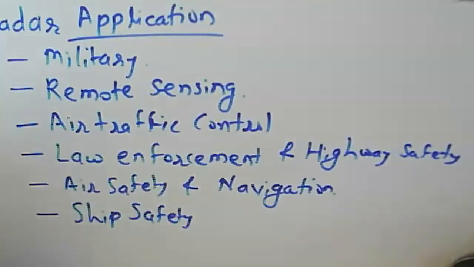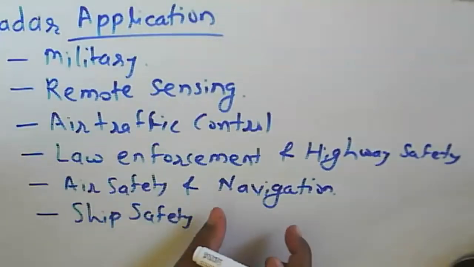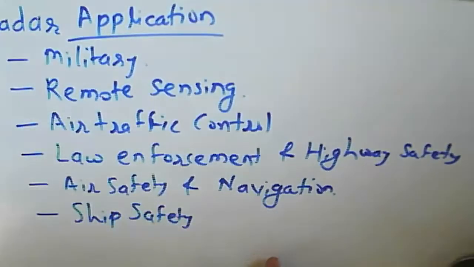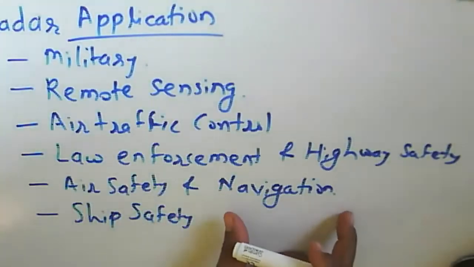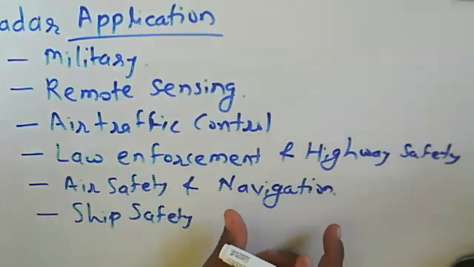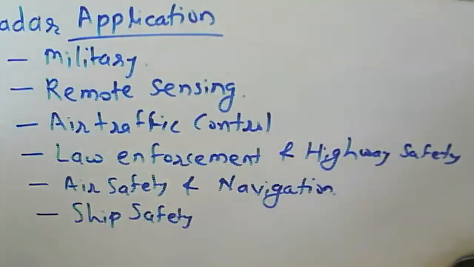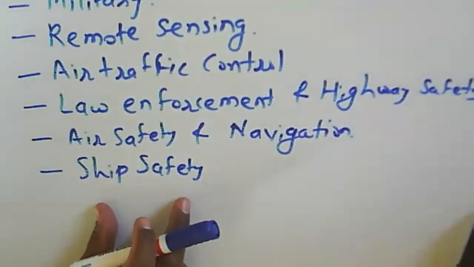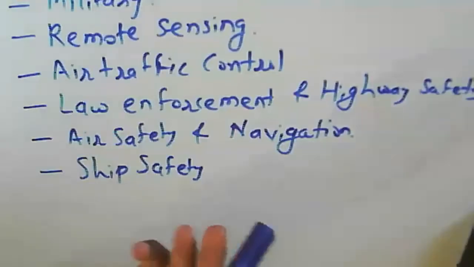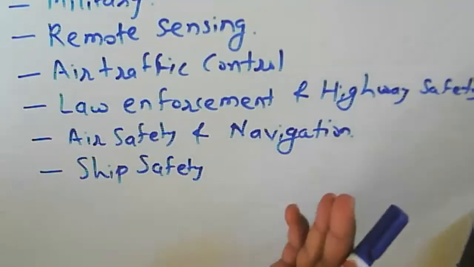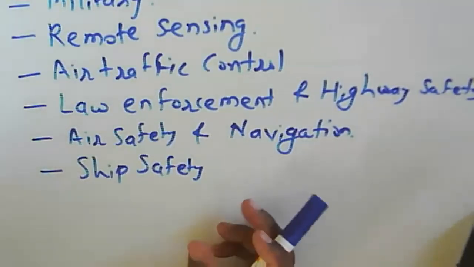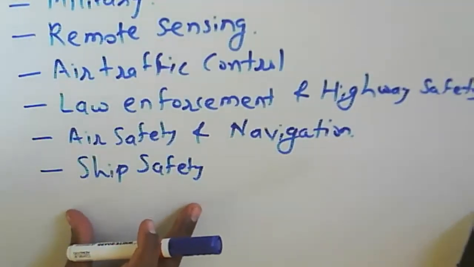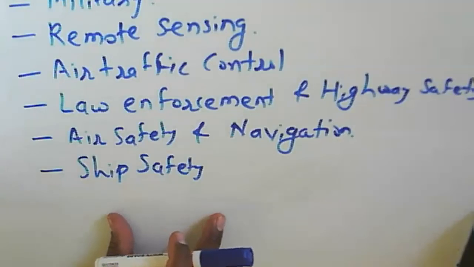Even in air safety, collision of aircraft should not take place, so we need to find out the height. Similarly in a ship, the same thing applies. If there is a nearby ship, it has to be identified so that no collision takes place.